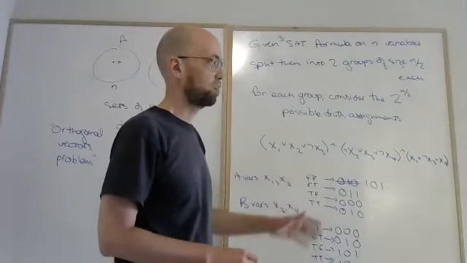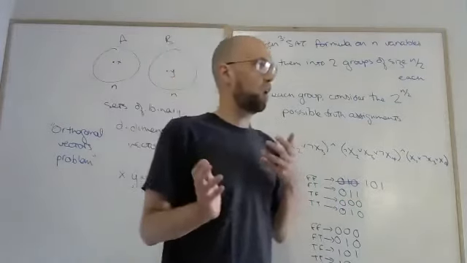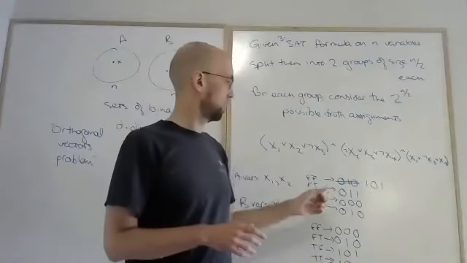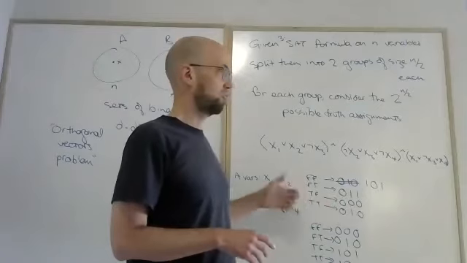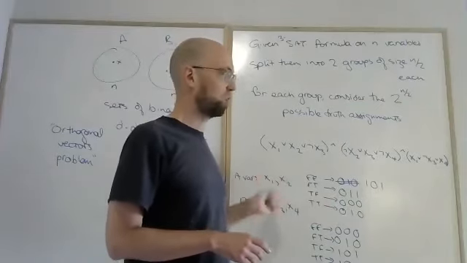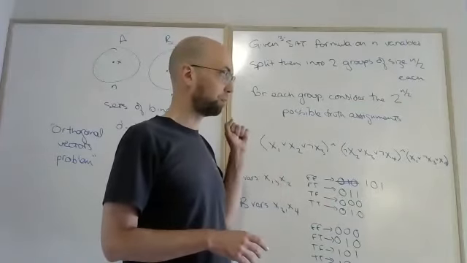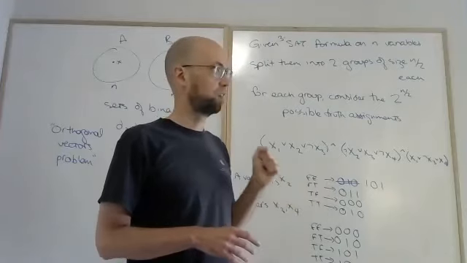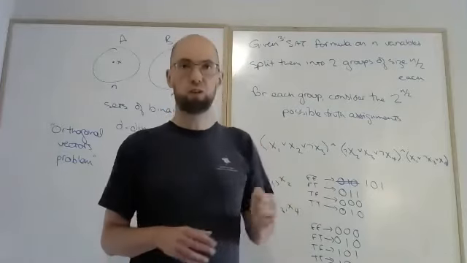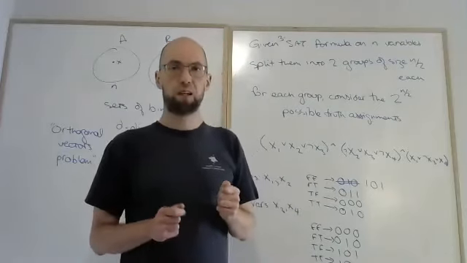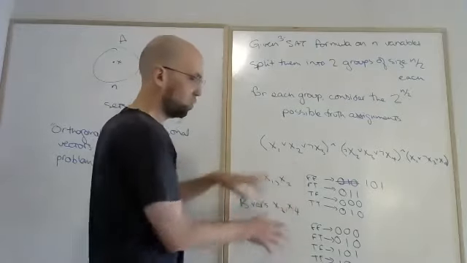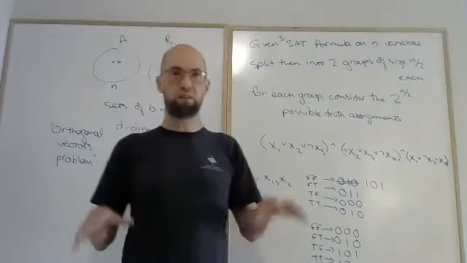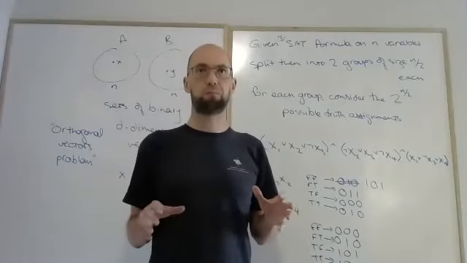So these vectors say it's a 0. So in some vector, it's a 0 if that truth assignment makes that clause true. Right? So I'm considering these two subsets of variables separately.